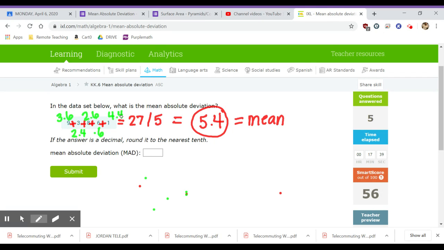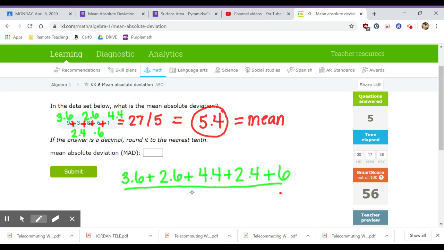Okay, so now I'm going to take all of these new numbers and find the mean of these new numbers. So 3.6 plus 2.6 plus 4.4 plus 2.4 plus 6. And I'm going to divide all that by 5.